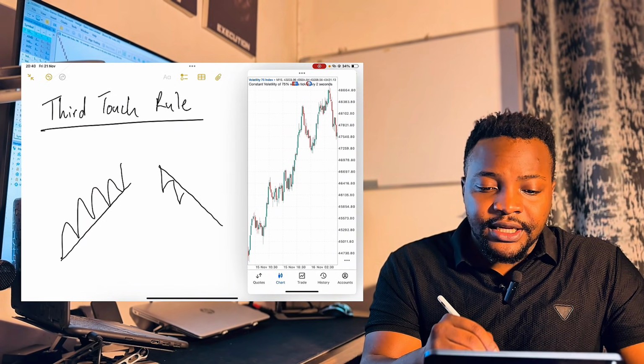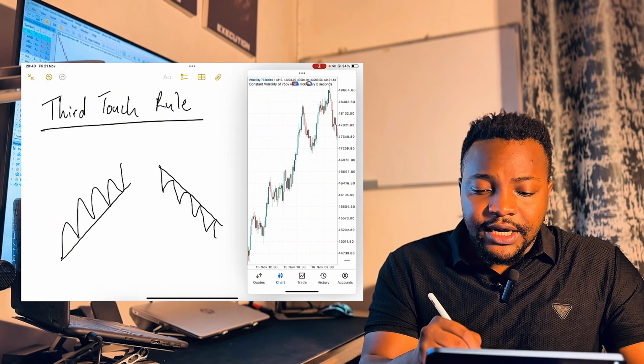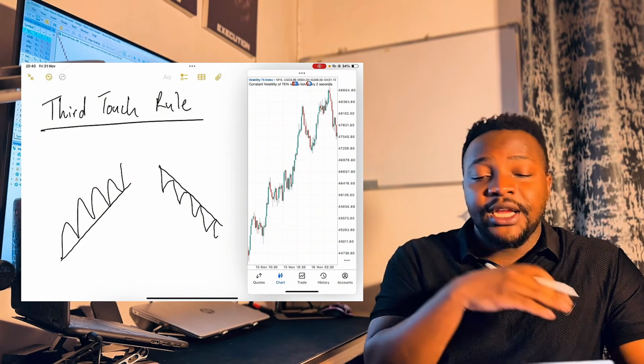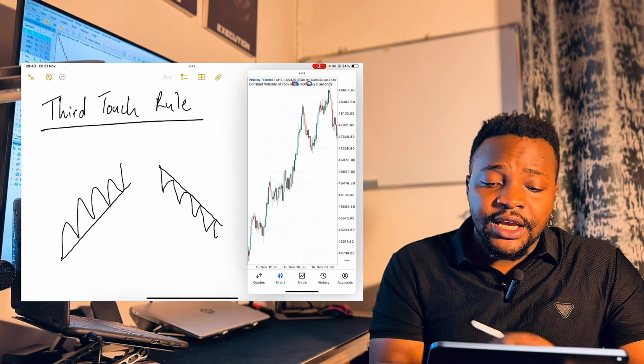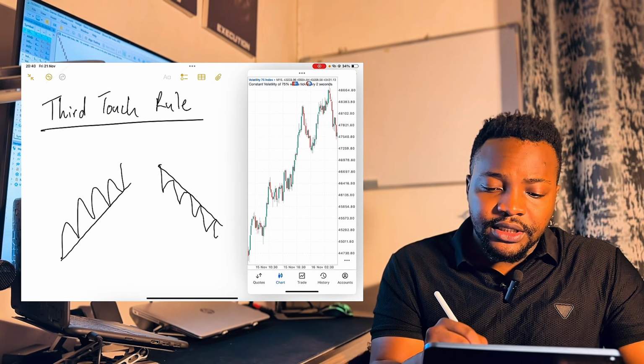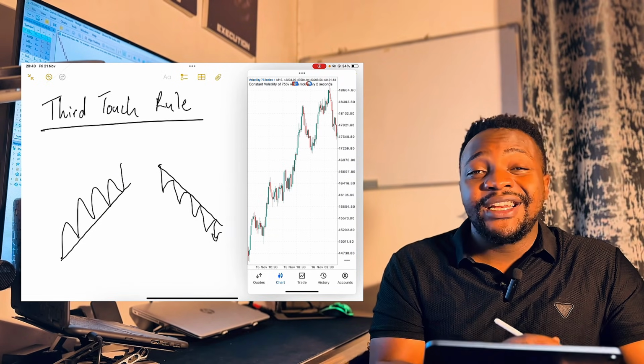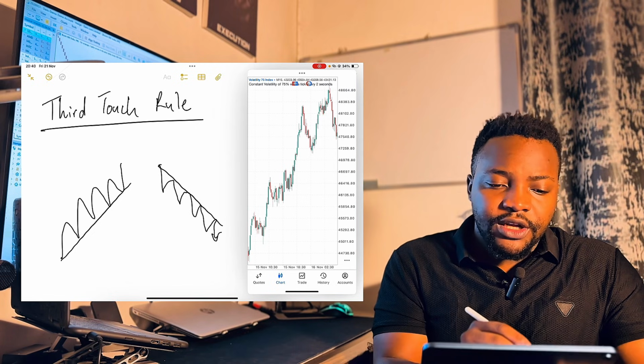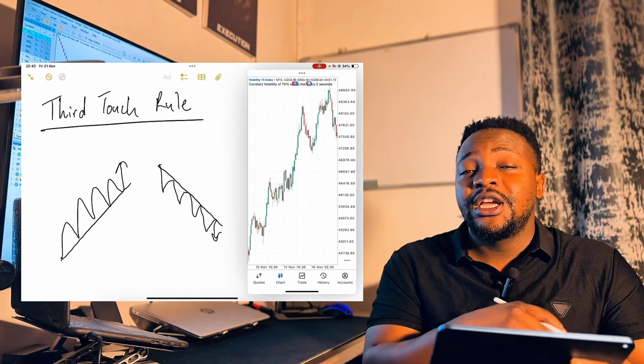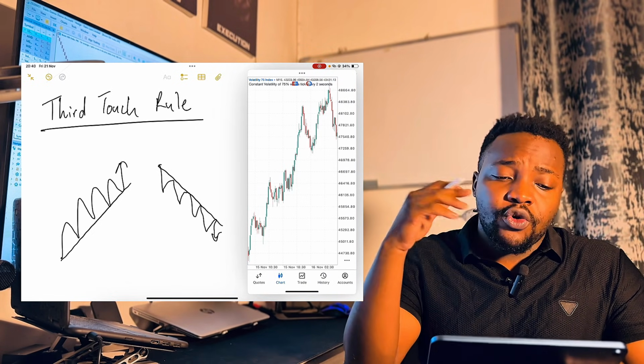Trend lines are simply diagonal support and resistance. On our resistance trend line, price bounces off the trend line while it's going down, and on our support, price bounces on that trend line while it's going up.